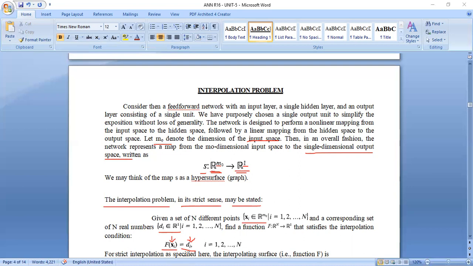Suppose x1 maps to d1, x2 to d2, x3 to d3. We need to perform the mapping from f of xi to di, which is the aim of the interpolation problem here.